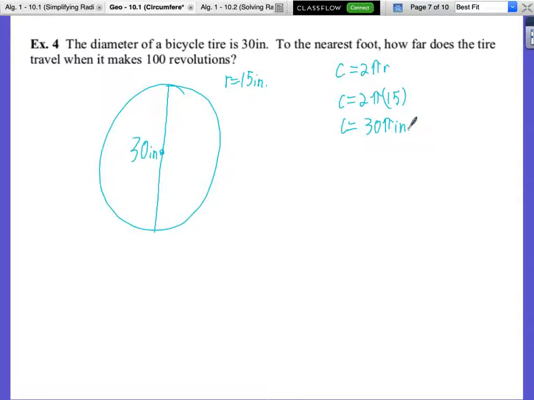So we take this 30 pi, we multiply it times 100 revolutions. And what do we end up getting? A 3 with how many zeros behind it? You add as many zeros as are in the 100. So we end up getting 3,000 pi inches. Questions on this so far?